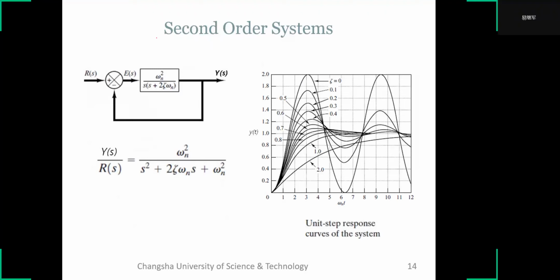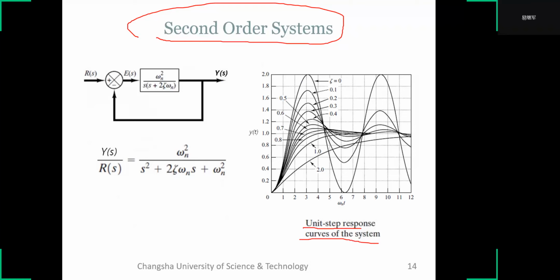Second order systems. This is the unit step response curves of second order systems.